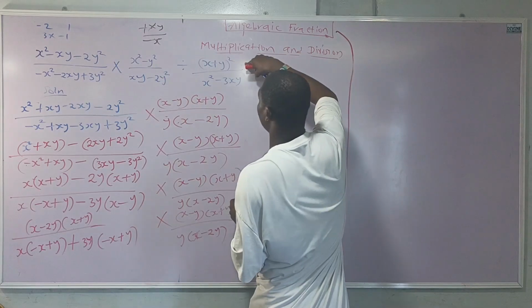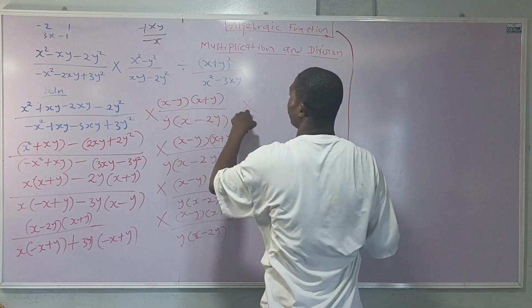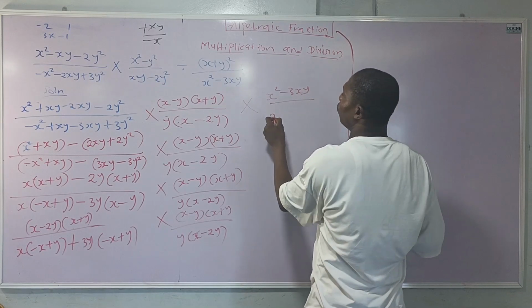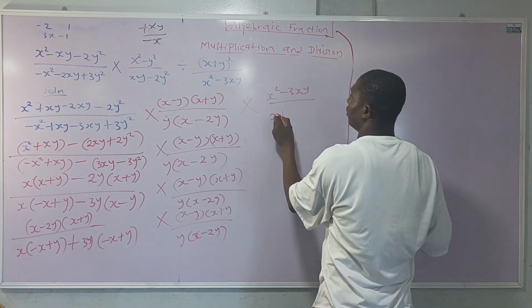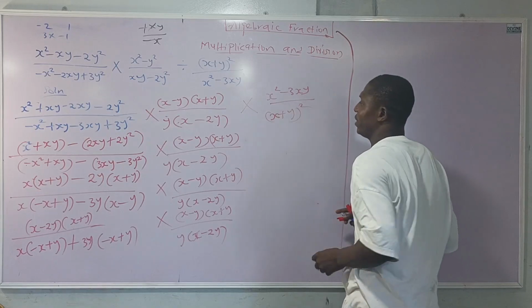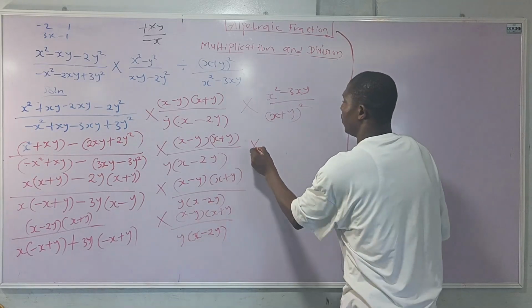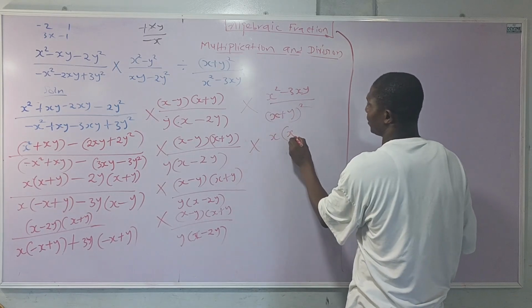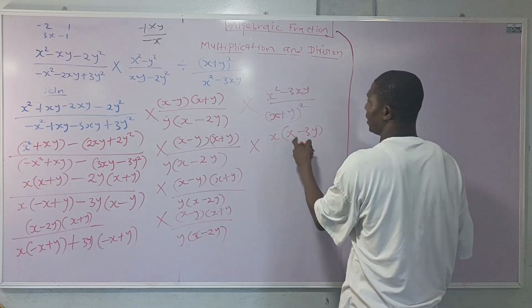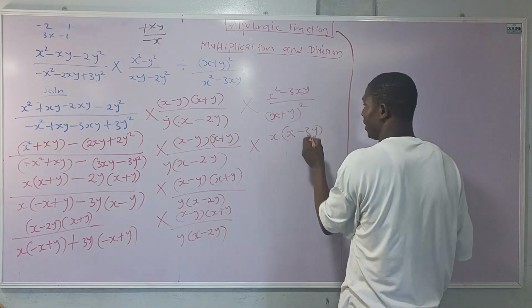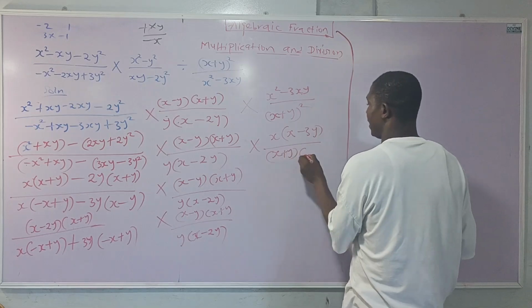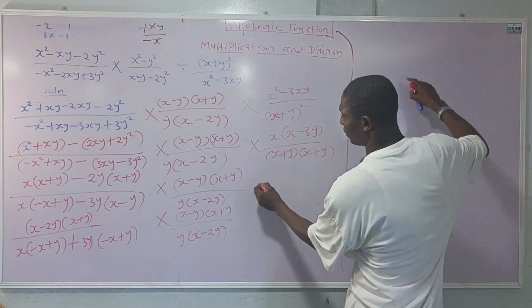Now, for this, we have to change this to multiplication and have our x squared minus 3xy here, all over x plus y, close bracket, square. So we have times x, x is common. We have x bracket x minus 3y. x times x squared, and x times 3y, 3xy. All over, this is a repeated root, giving me x plus y and x plus y.